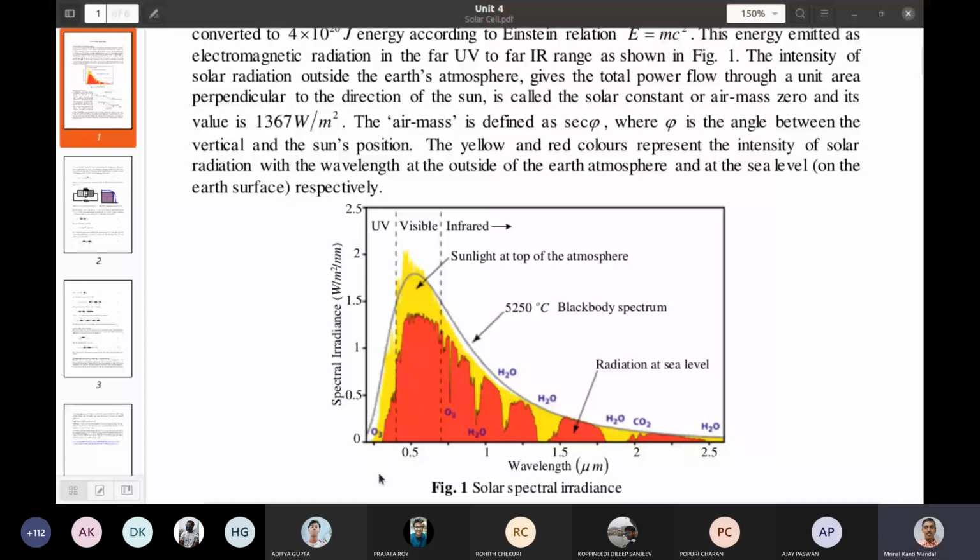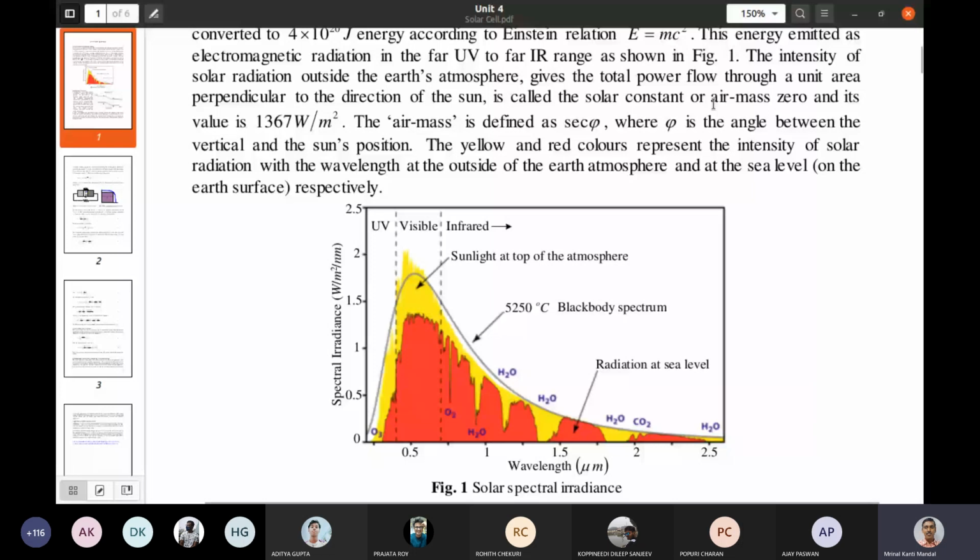Now, one thing I want to mention here: the intensity of solar radiation outside the Earth's atmosphere, which gives the total power flow through a unit area perpendicular to the direction of the sun, is called the solar constant, or air mass zero.